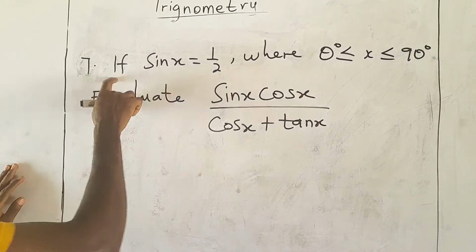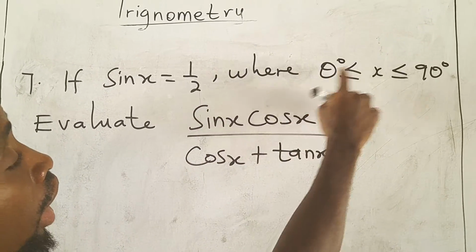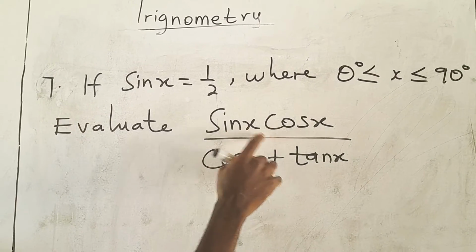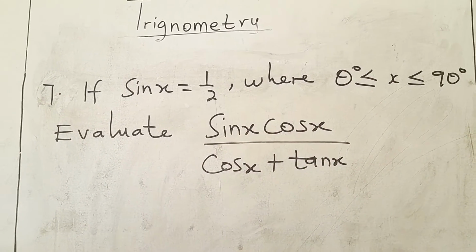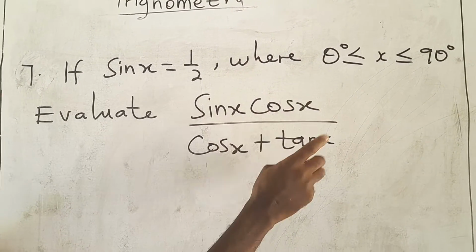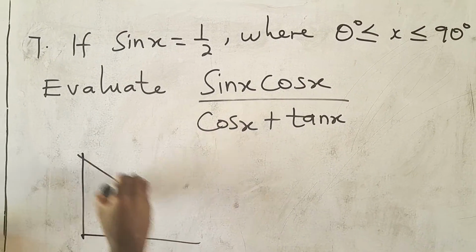So now they say if sine x is equal to half, or 1 over 2, where x is greater or equal to 0 but less or equal to 90, we should evaluate sine x cos x over cos x plus tan x. Remember, we don't know cos x, we don't know tan x. So we need to find out using the Pythagoras theorem.